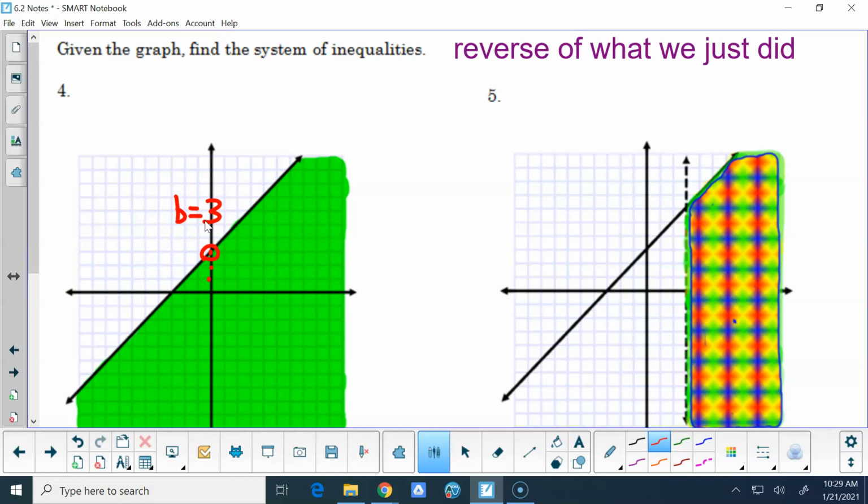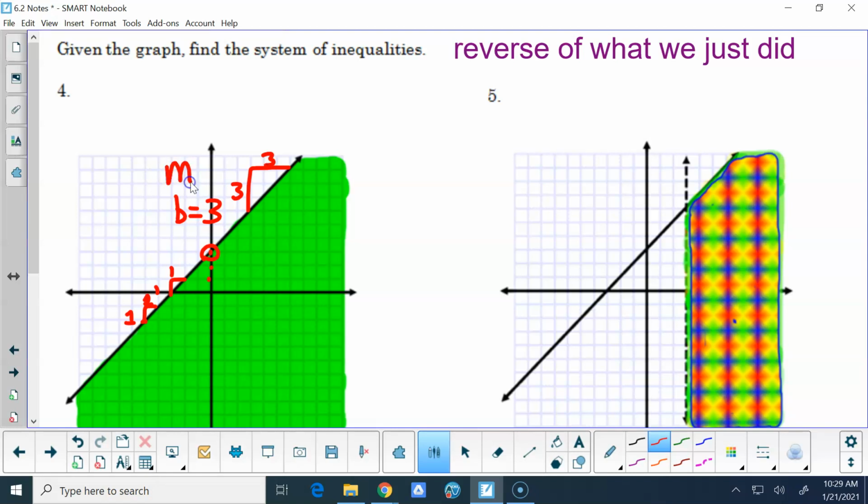I would also say that from any point on that graph, it appears that we are going up 1 and right 1 at all times, or we're going up 3 and right 3. Rise over run, so the up would be 3, the run would be 3. 3 divided by 3 is 1, or 1 divided by 1 is 1.